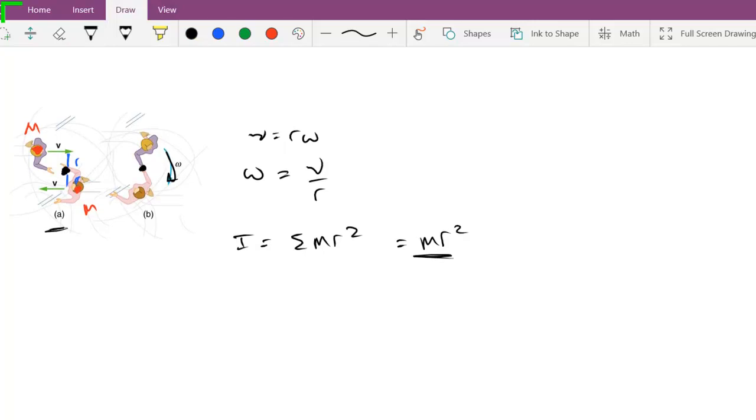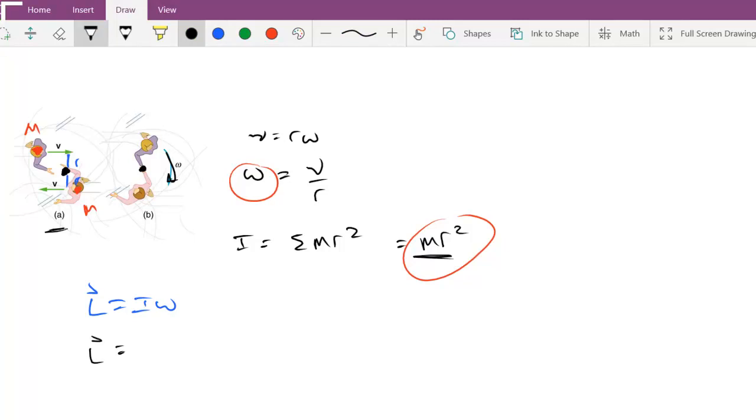So this is their rotational inertia, and this is their rotational velocity. And we know that the angular momentum is equal to I omega. So making these substitutions, the angular momentum is going to be mr squared times v over r.